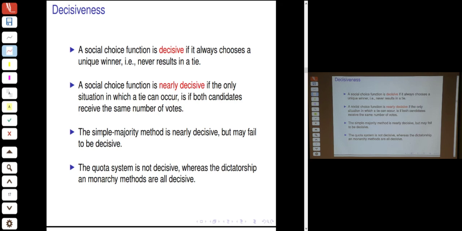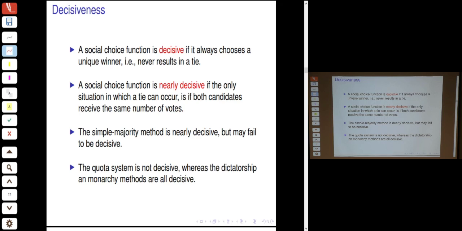So a social choice function is decisive if it always declares a winner no matter what, and it is nearly decisive if it always declares a winner except for the situation when there are two candidates and they get the same number of votes.